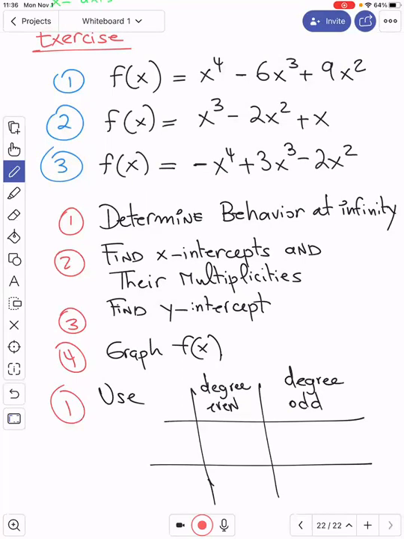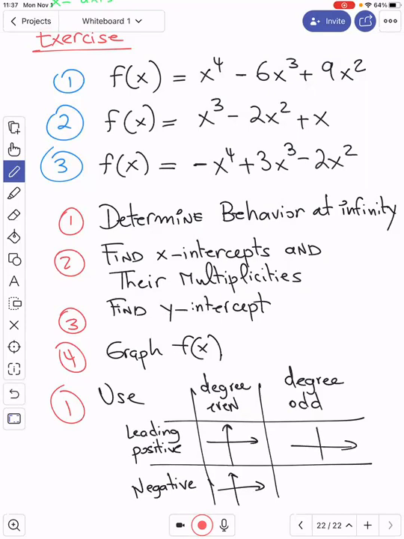Here the leading coefficient is positive, and here it's negative. So this is even with positive leading coefficient, even with negative leading coefficient, odd with positive leading coefficient, and finally odd with negative leading coefficient.